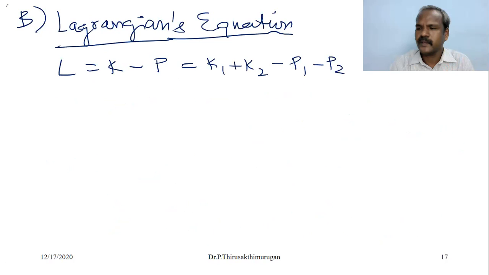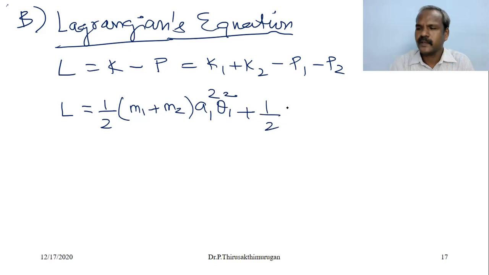By substituting the equations here, we will be getting the Lagrangian equation L equal to half of M1 plus M2 A1 square theta 1 dot square plus half of M2 A2 square theta 1 dot plus theta 2 dot whole square.